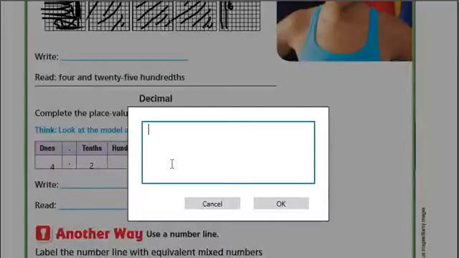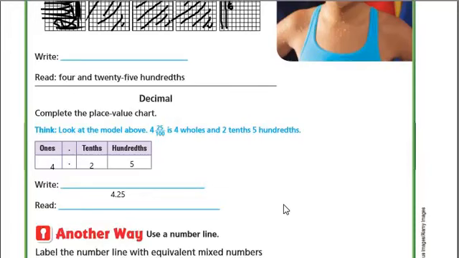It's 4 decimal point, and 4 and 2500. Okay, 4.